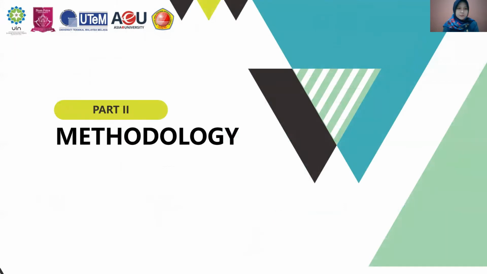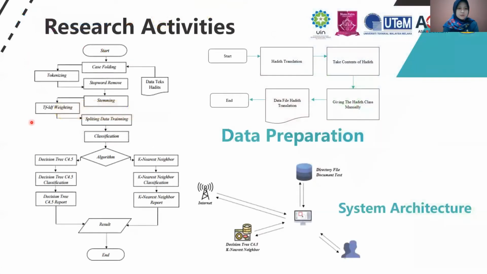Next, methodology. This is our research activities. So we have the text data of hadith in Indonesian text. Then we conduct the case folding, tokenizing, removing the stop words, and we conduct the stemming using Nazif-Adriani algorithm.